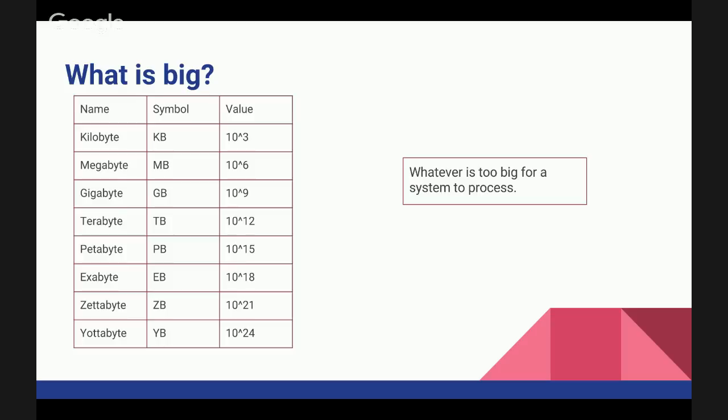And so you flip your phone open and it won't load because that data is too big, and that system can't process that 100 megabytes. So even though 100 megabytes isn't very big, it would be considered big data because that machine can't process it. So it's just whatever is too big for the system to process.